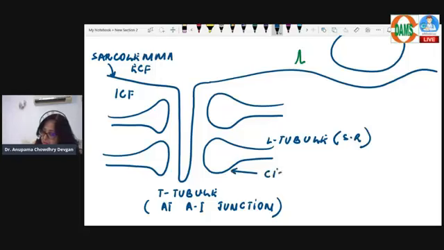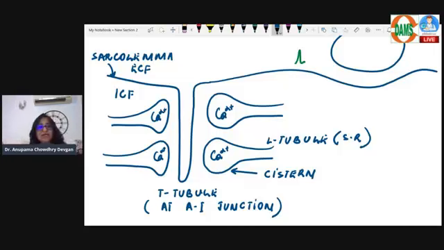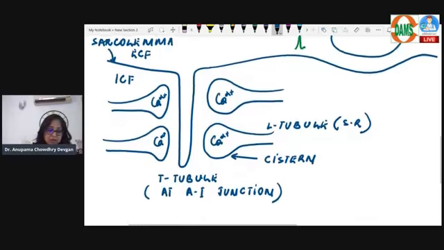This is what is known as a cistern, a dilated part of the L-tubule, and this is a storehouse of calcium.